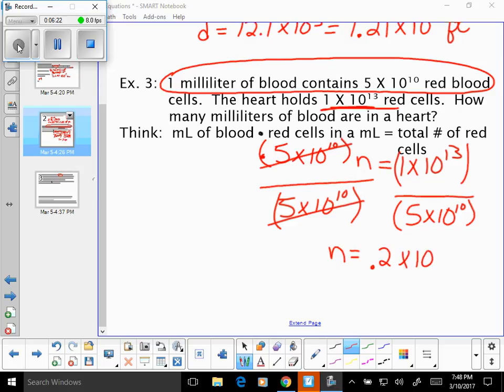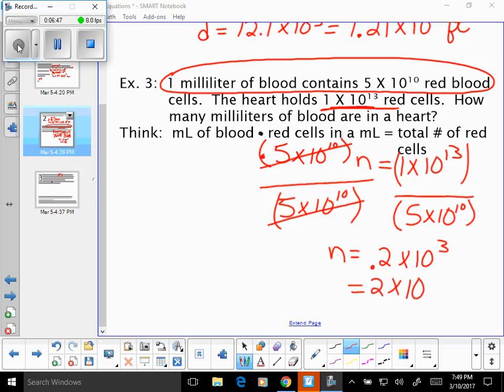Now, when we divide the same bases with exponents, remember what you do with those exponents? Yes, you subtract them. So 13 minus 10 is 3. But again, we do not have our answer in scientific notation. We're going to have 2 times 10.